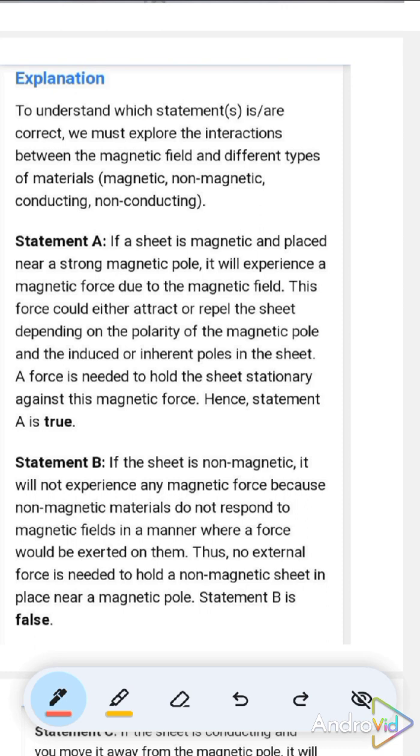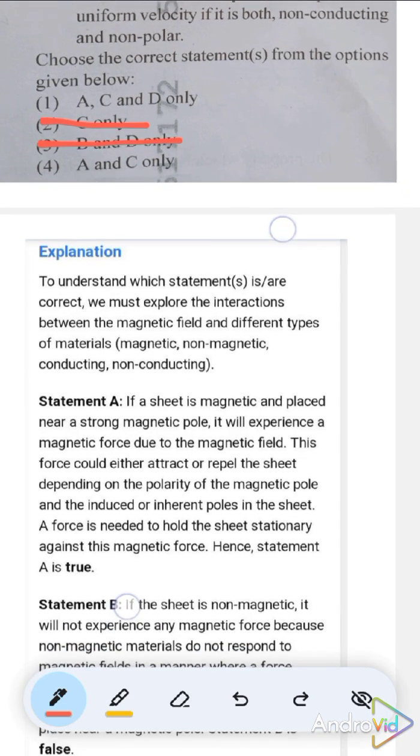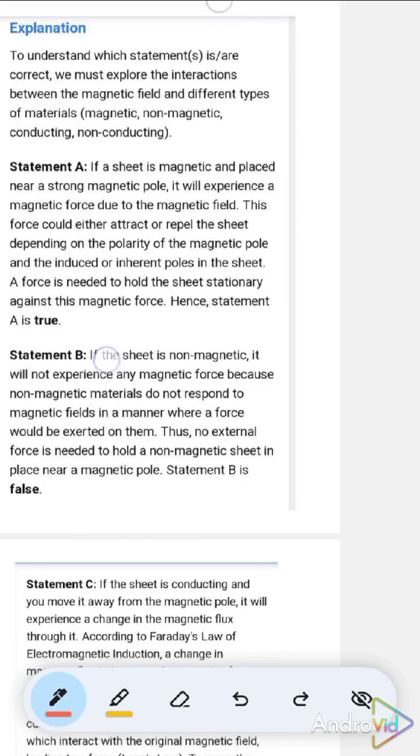Hence there would be no external force needed to hold a non-magnetic sheet in place near a magnetic pole, and statement B is false. Let's check whether C and D are correct.